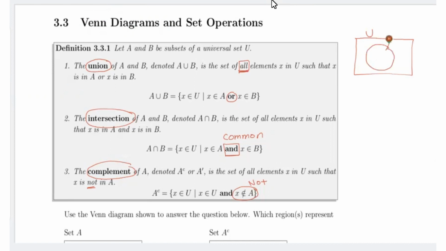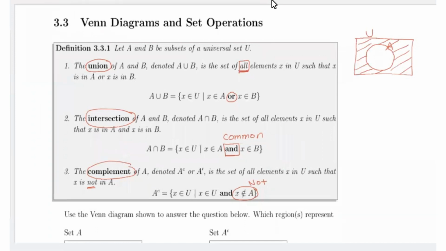So I have set A. If I want to find the region where A complement is, A is any number in this circle, and A complement means anybody outside of this circle.